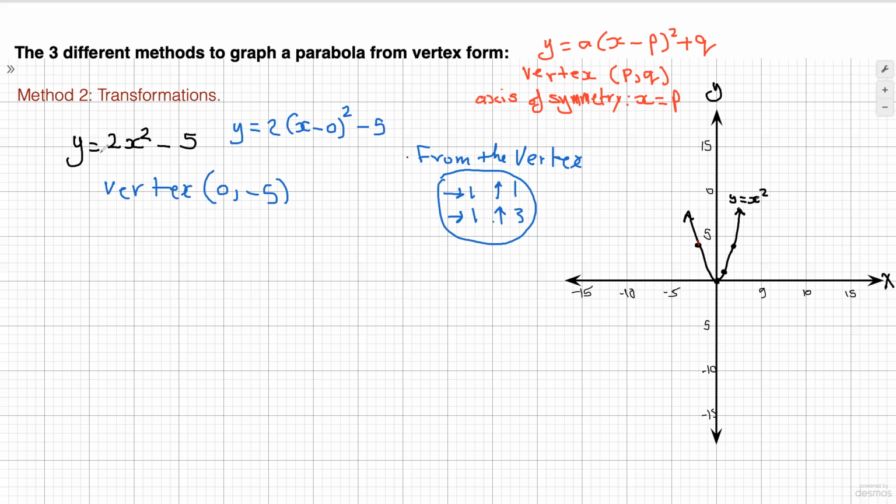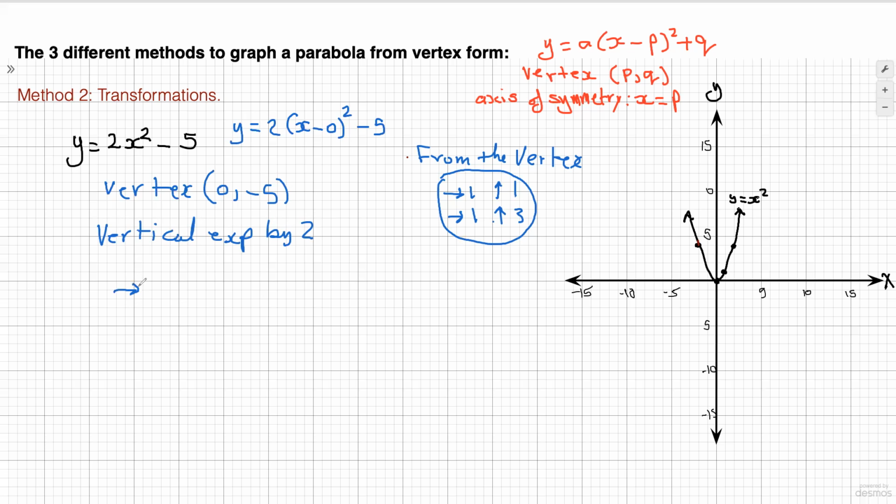Now, you have a vertical expansion by 2. So now you see this here, out 1, up 1.